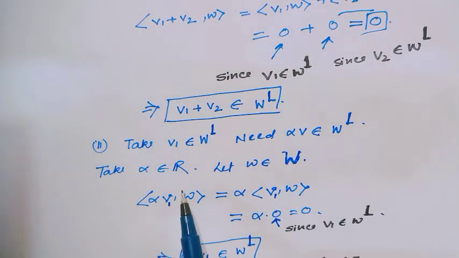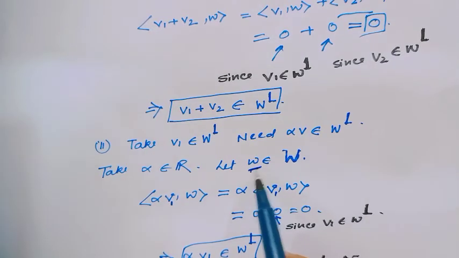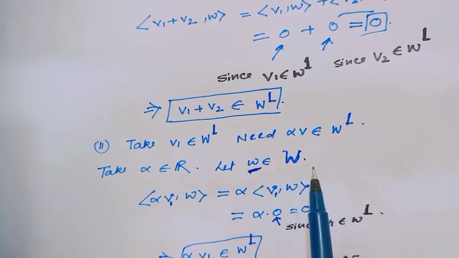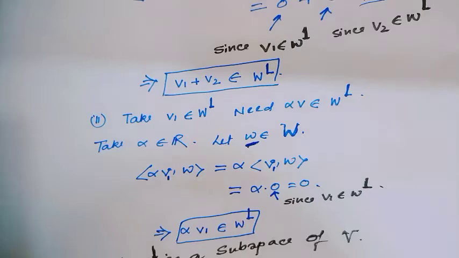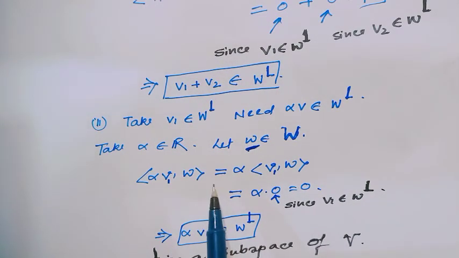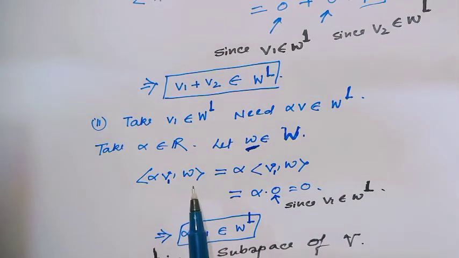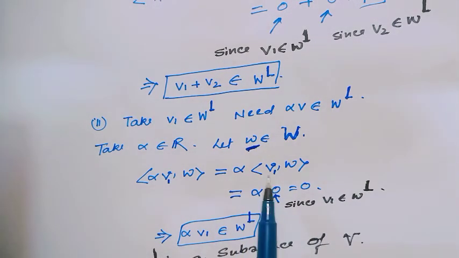take alpha to be any real number, a scalar, and consider, similar to before, an arbitrary vector w belonging to capital W. Then the inner product of alpha v1 with w, by the property of scalar multiplication, is equal to alpha times the inner product of v1 with w.